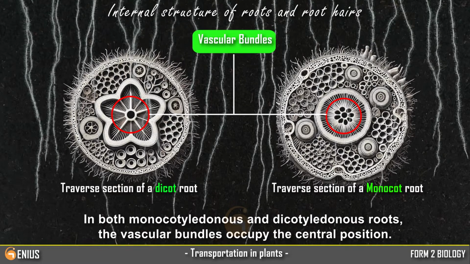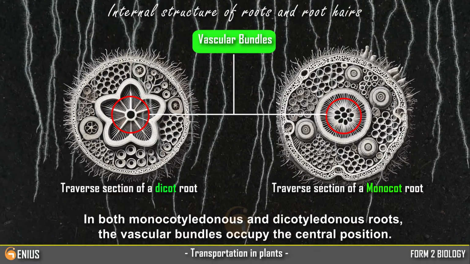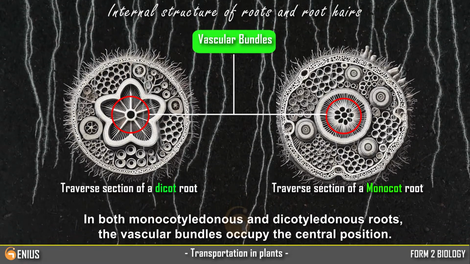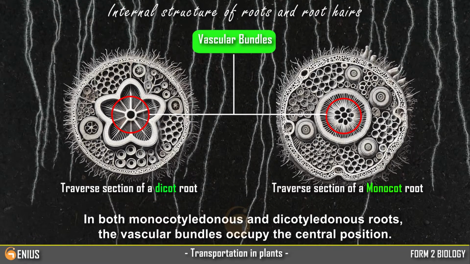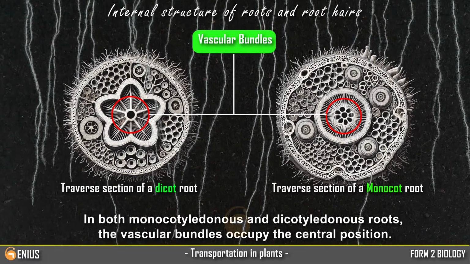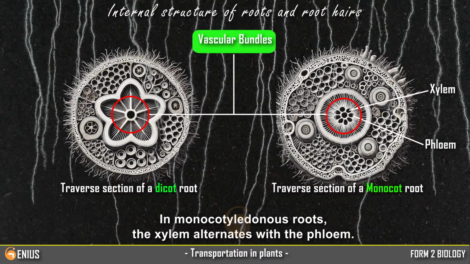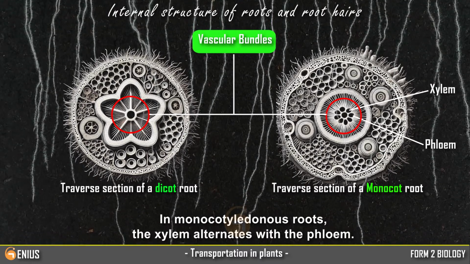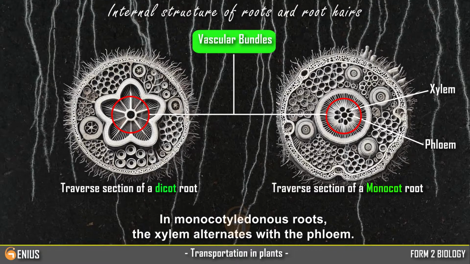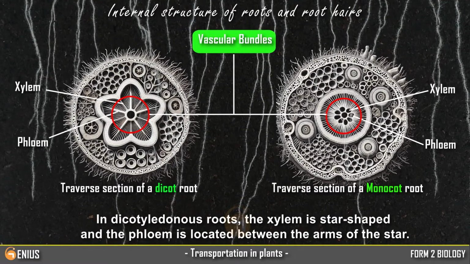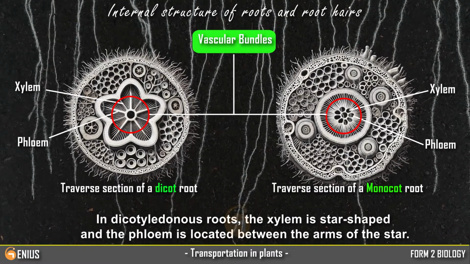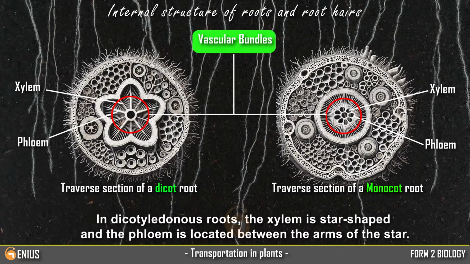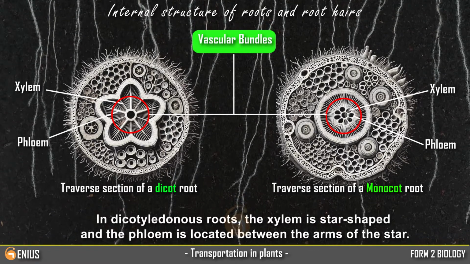In both monocotyledonous and dicotyledonous roots, the vascular bundles occupy the central position. In monocotyledonous roots, the xylem alternates with the phloem. In dicotyledonous roots, the xylem is star-shaped and the phloem is located between the arms of the star.